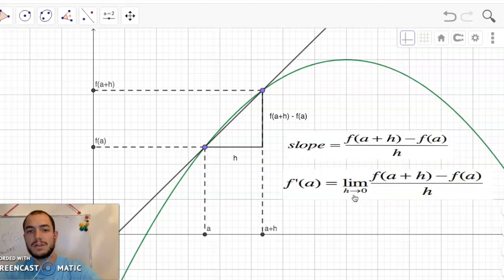As h gets closer and closer to 0, what happens to that slope? And when we ask that question, the answer to that is called the derivative. It's written like this on the left. That is not f to the power of 1, it's called f prime. So this is f prime of a. In other words, it's the slope of the tangent line when x is equal to a. Slope of the tangent line at this point here.